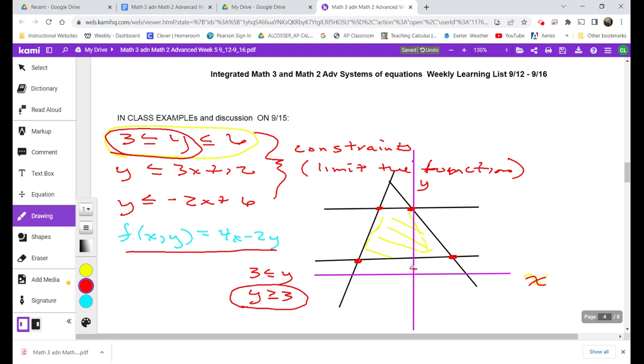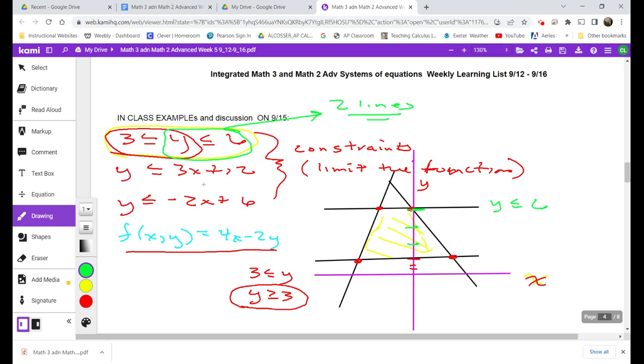So 1, 2, 3, and we draw a straight line. Now, if I do this one in green, the other half is y is less than 6. That's at 4, 5, 6. I know it's not to scale. Sorry, guys. So this is actually 2 lines.